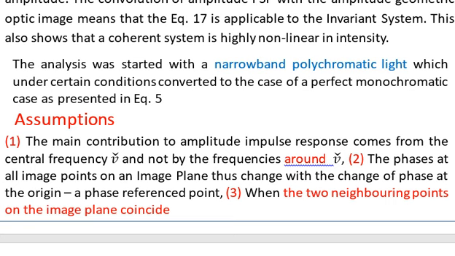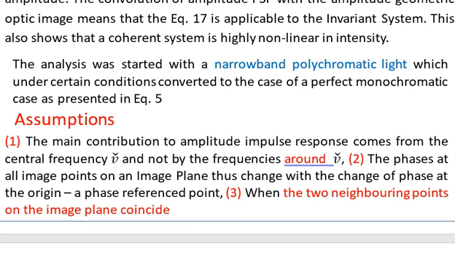The second is that the phases at all the object points at the object plane are referenced with respect to the phases at the origin. Similarly, you can give the same statement for the image points.